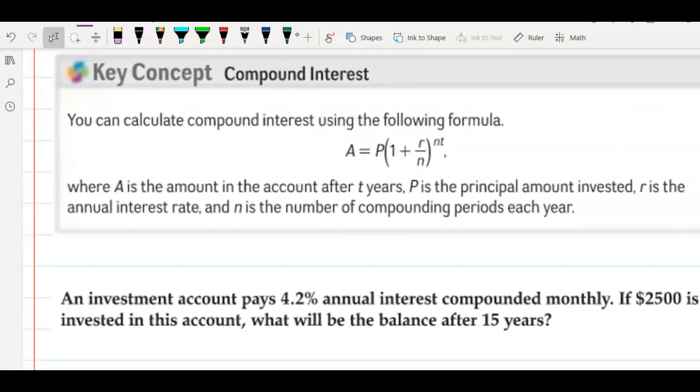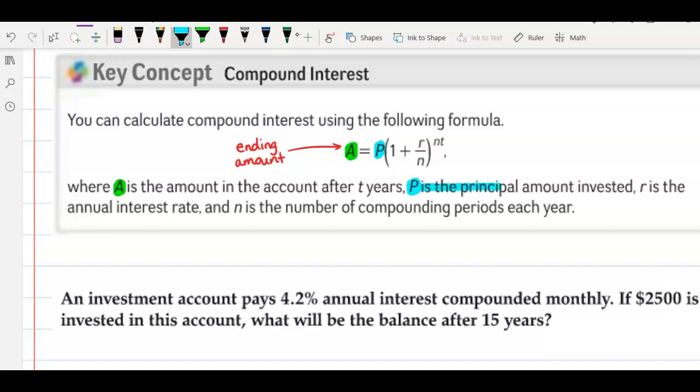In this formula, A is our ending amount. That's the amount we end with. P is our starting amount. It's called the principal.